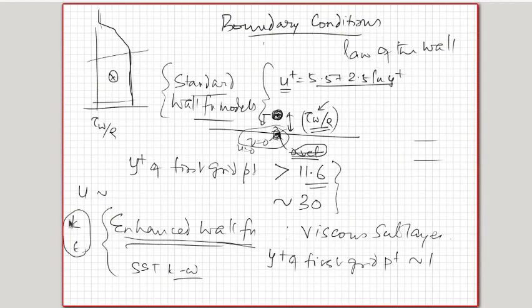The k and epsilon values in the fully turbulent region, we take that when the velocity is close to the wall, in the near wall region, the velocities are pretty close to 0. Then you say that the rate of production of kinetic energy is the same as its dissipation. These are called the equilibrium models, and they are used to determine the values of k and epsilon near the wall. That is how you specify the boundaries.